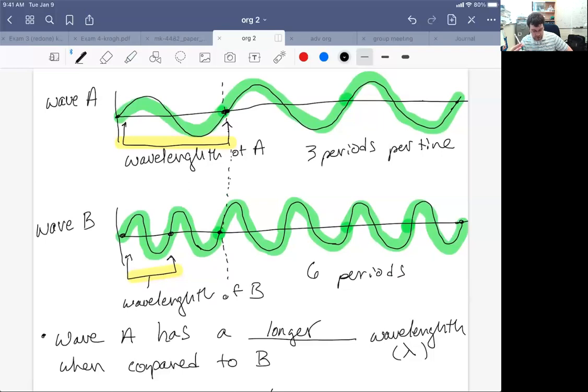My drawing was a little off. What I'm trying to show is that not only is the frequency of B twice that of A, but the wavelength of A is also twice as big as the wavelength of B.